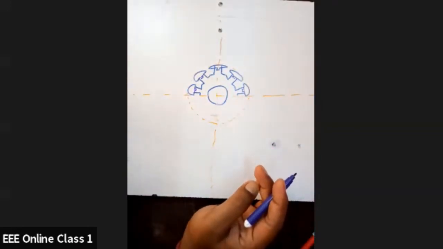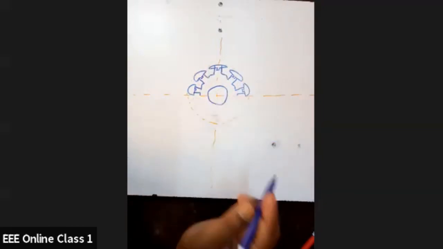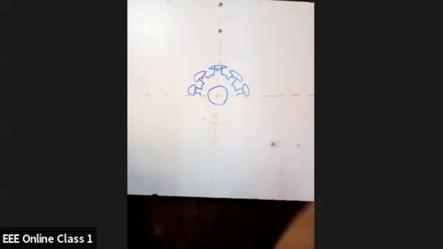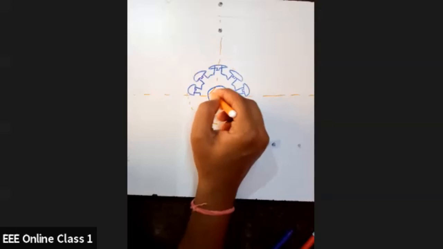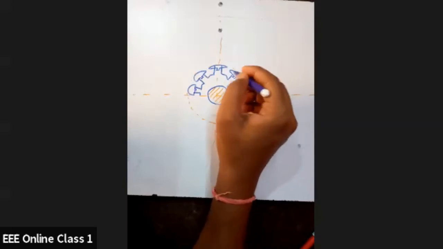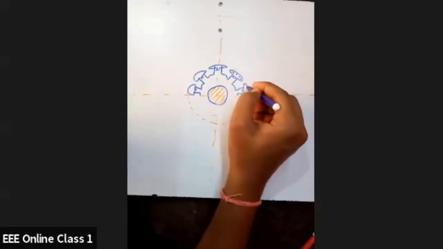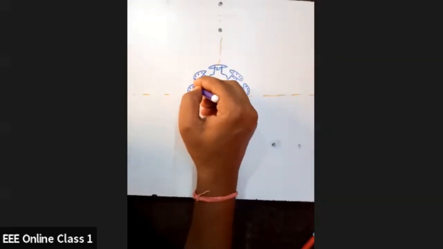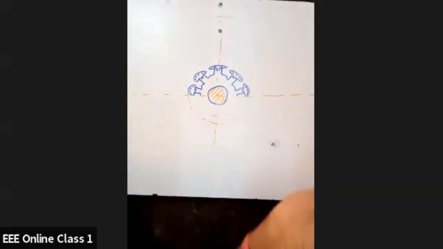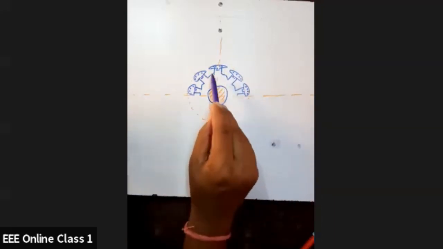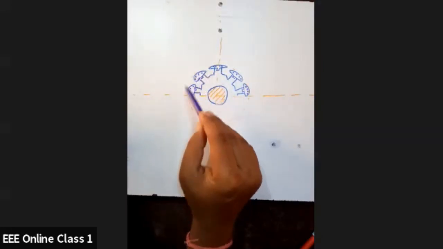Since it is asking half sectional, we are doing only half part, and this is my shaft. So what you can do is draw one pole, and you can make a polar array of 10.